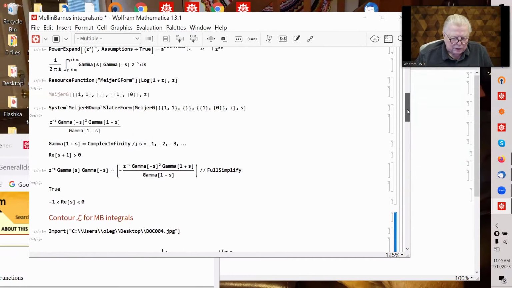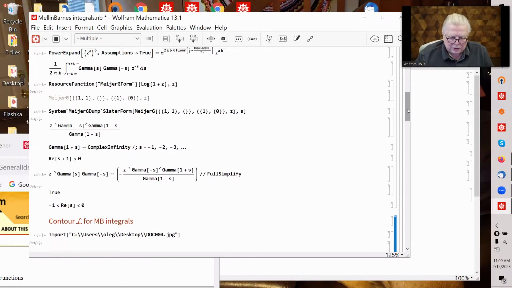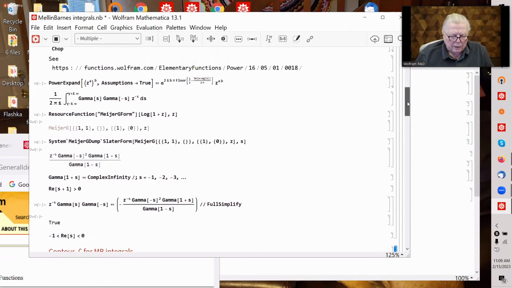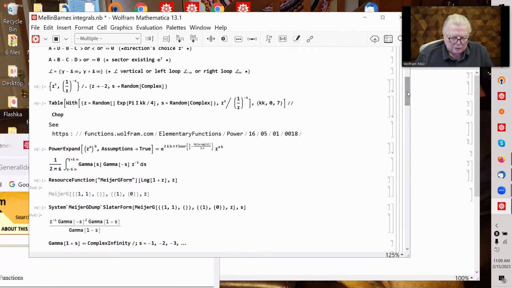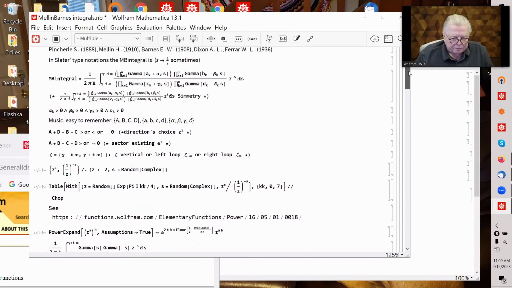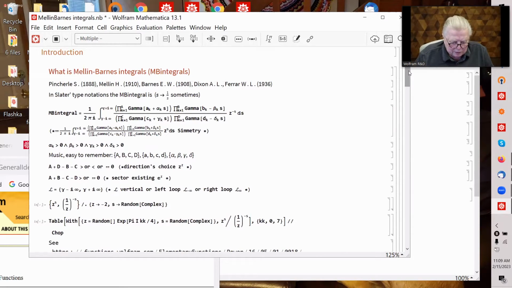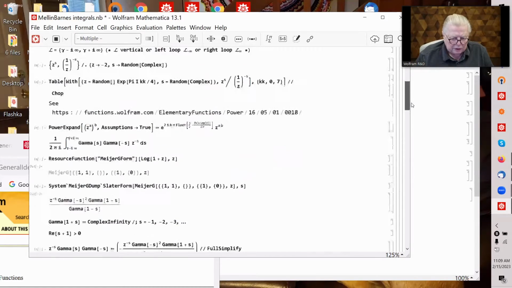It sounds very difficult to understand, and I will show examples for a beginning. The example is the following. We can take a gamma function, only one gamma function.